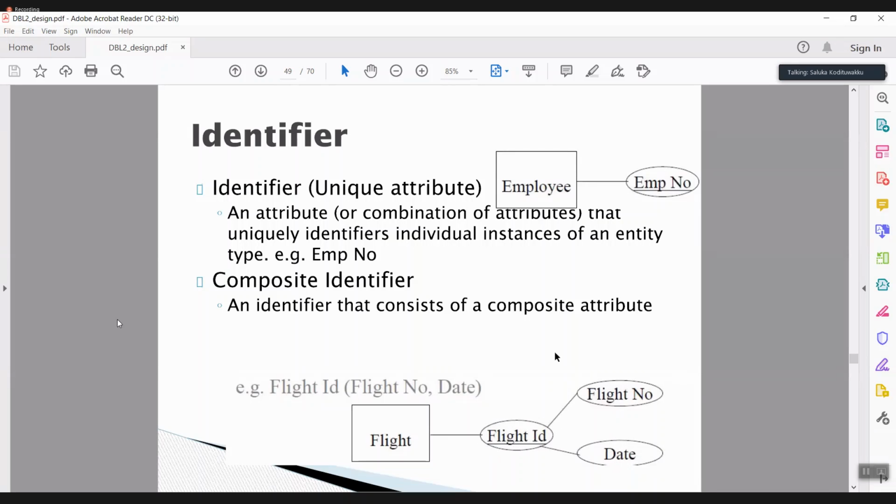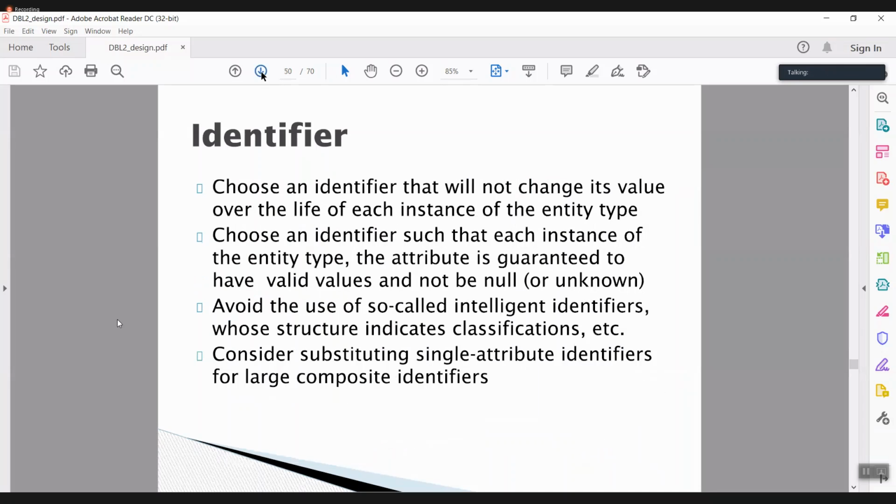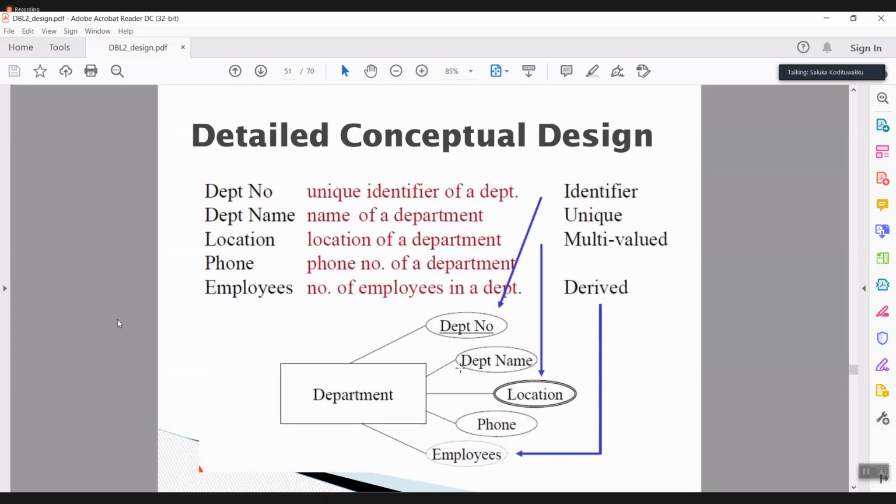In most cases, not always, the identifier attribute is a simple attribute, but there are some cases like that earlier flight example where there might be a composite identifier. But we hardly use a multi-value attribute as an identifier.